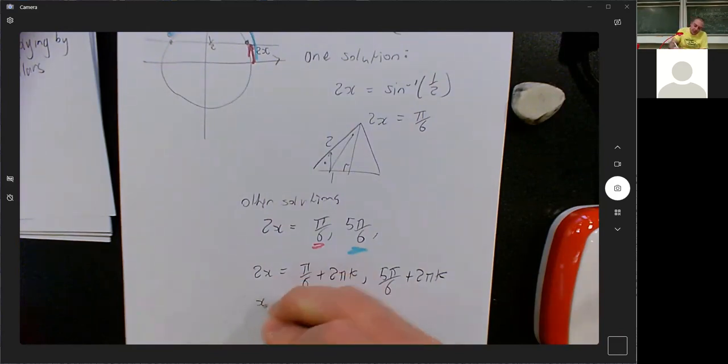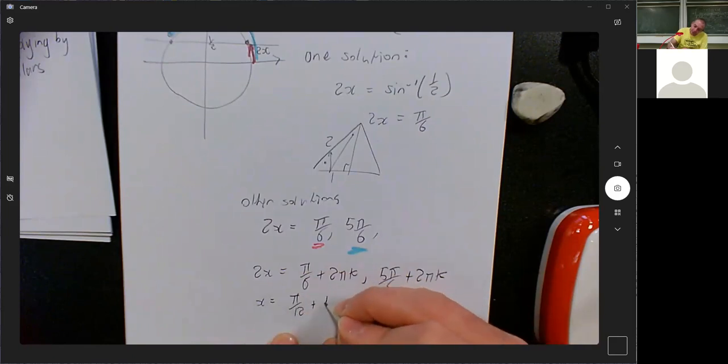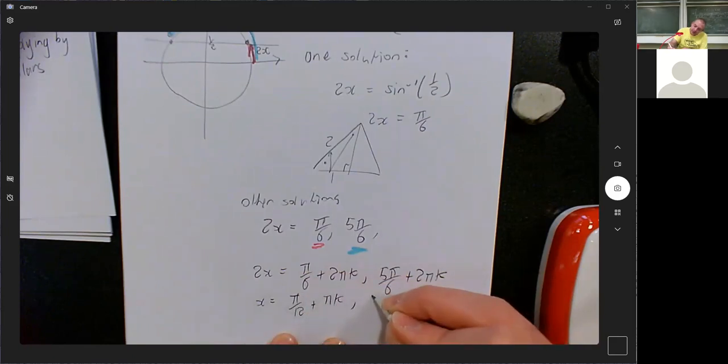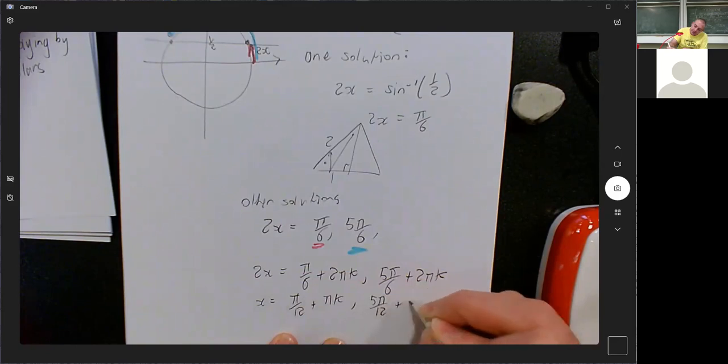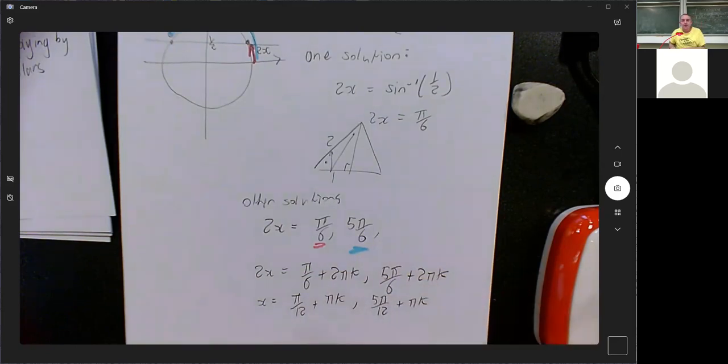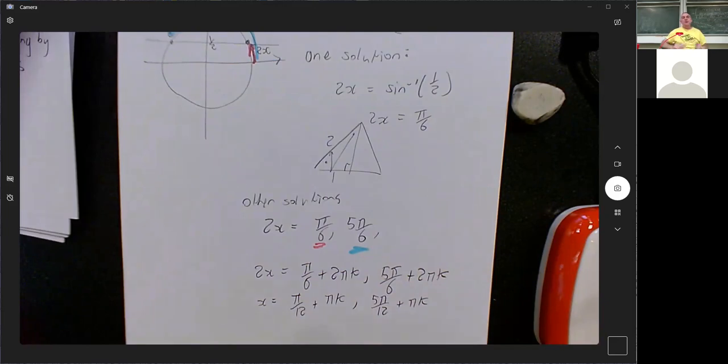And so my x would be pi on 12 plus pi k and 5 pi on 12 plus pi k. That is all the possible answers, completely ignoring the allowable x's, which is between minus pi and plus pi.